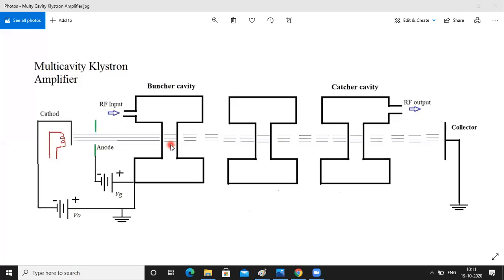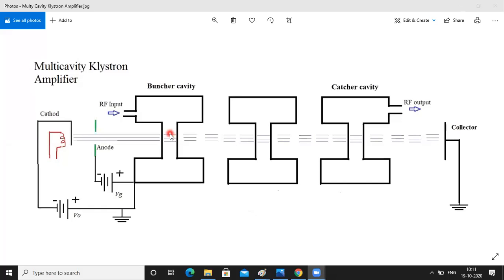The process here is velocity modulation, meaning the velocity of the electrons is varied. The electrons that came early come with normal velocity, but there is a variation in the velocity of the electrons, and the bunching action takes place.